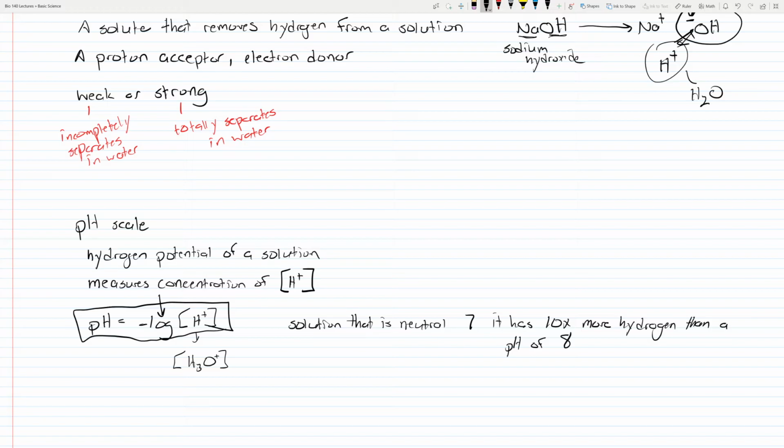And it's a descending scale. So 7 is neutral. When you go this way, the numbers get smaller, 6, 5, and when you go this way, the numbers get bigger. This is more acidic, and this is more basic. So the higher the pH number, the more basic it is. The lower the pH, the more acidic it is.